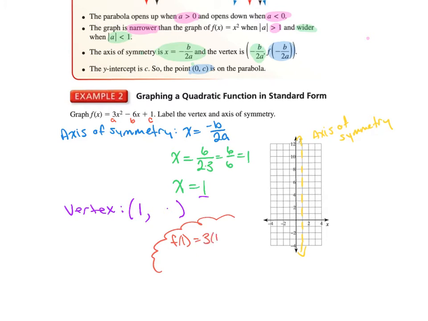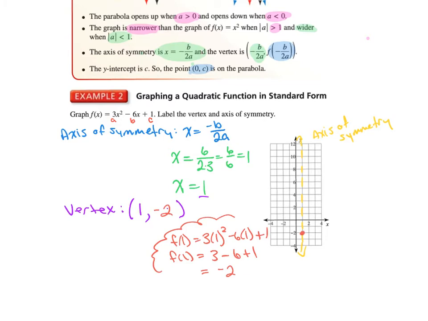So 3 times 1 squared minus 6 times 1 plus 1. So 1 squared is 1, 1 times 3 is 3, 6 times 1 is 6. So this is negative 3 plus 1, which is negative 2. So there is our y value of our vertex: 1, negative 2.